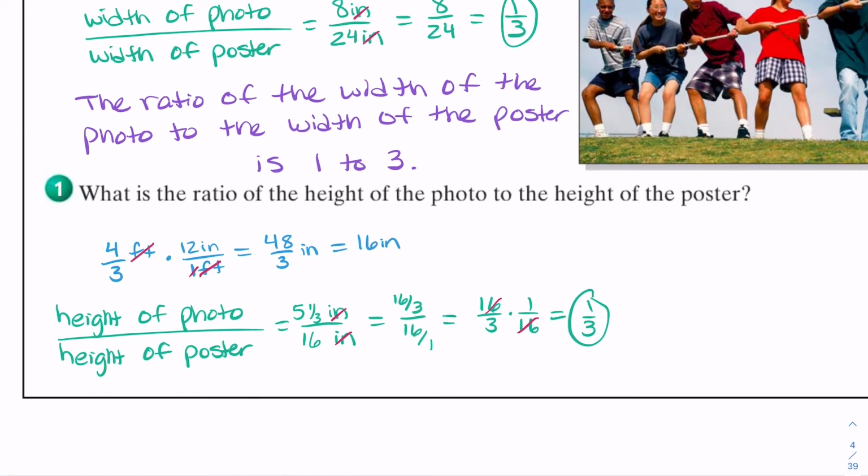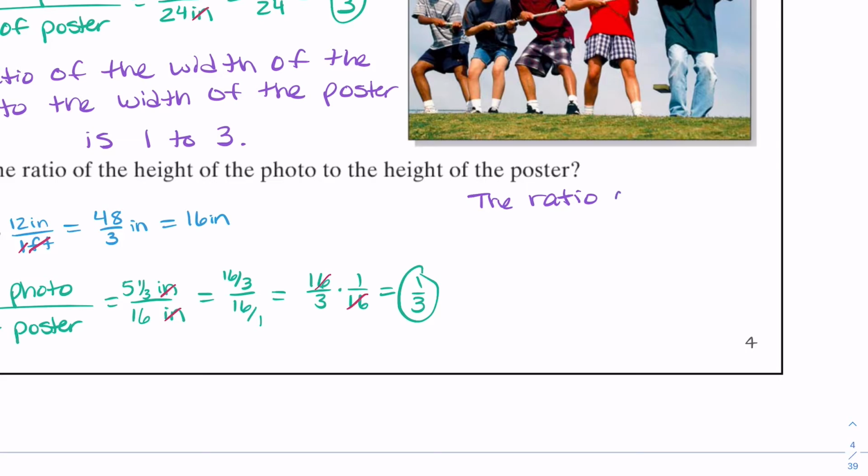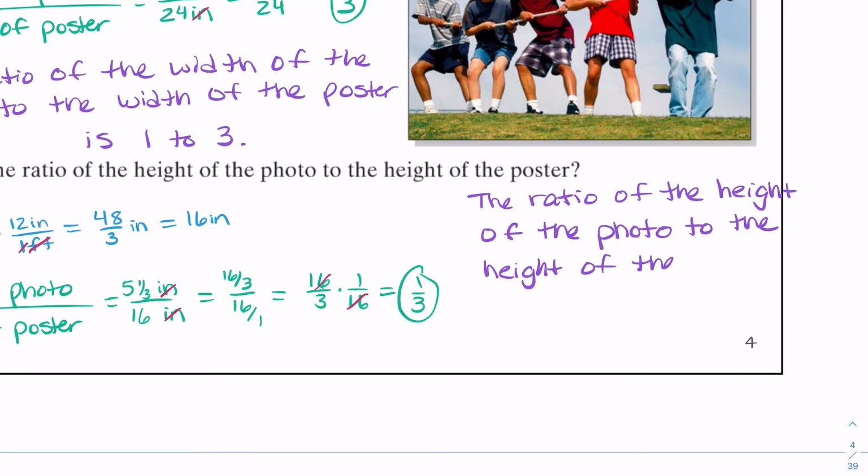So the ratio of the height of the photo to the height of the poster is 1, 2, 3.